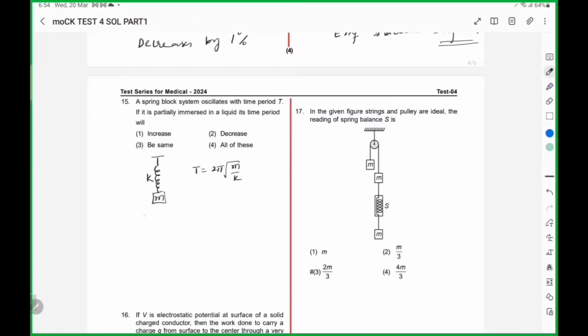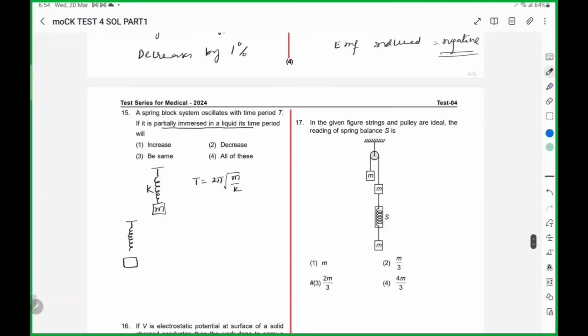Now in the next case, this block is partially immersed in a liquid. Let us say to some height h, it is immersed in a liquid. Then what will be its time period? So additional thing here is once it is immersed in a liquid, there will be a restoring force kx as well as force of buoyancy.